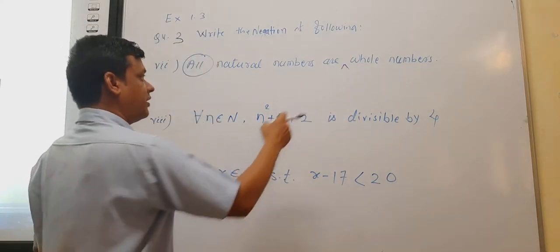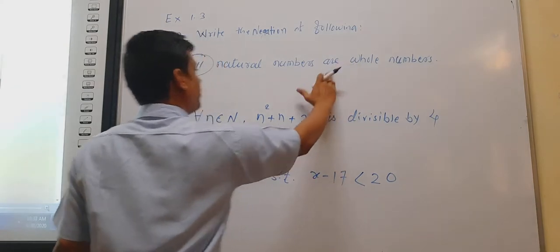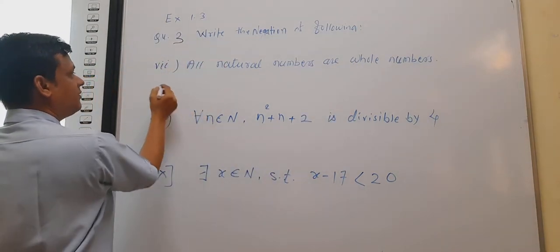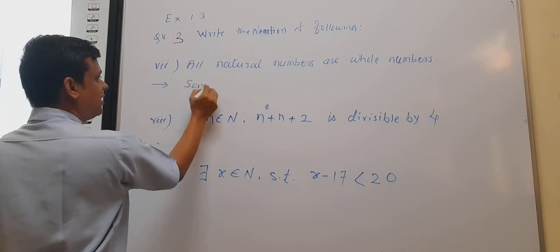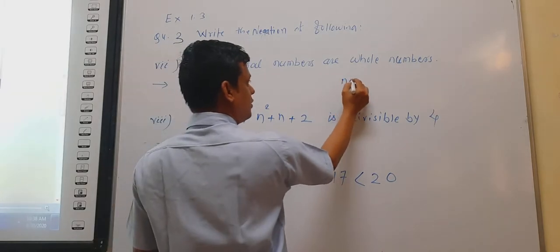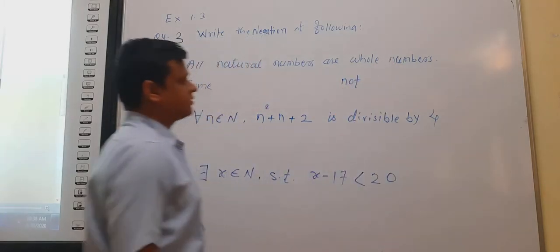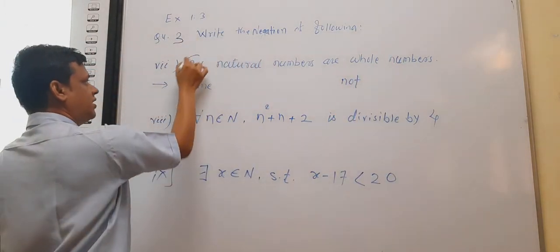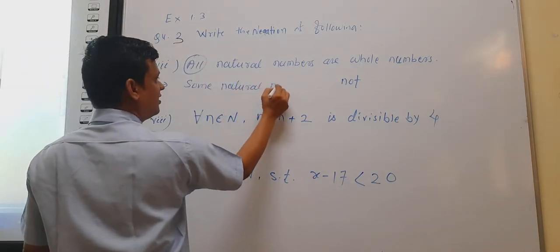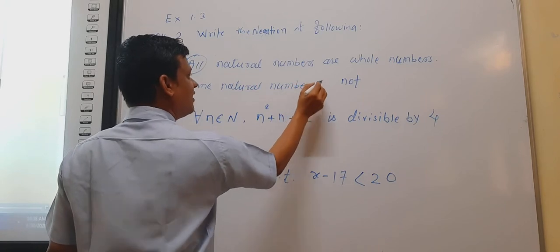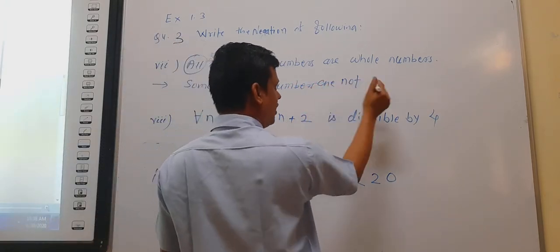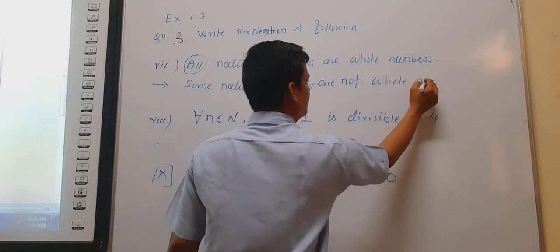That means while making the negation, we have to change all to some. So its negation is: some natural numbers are not whole numbers.